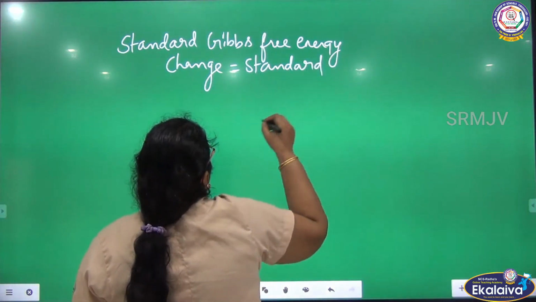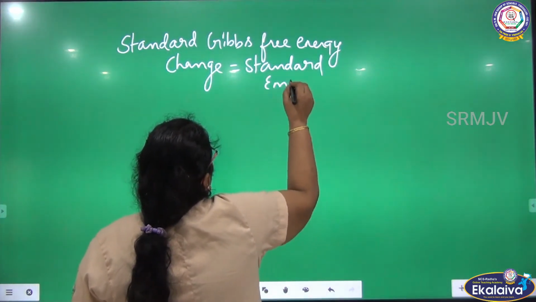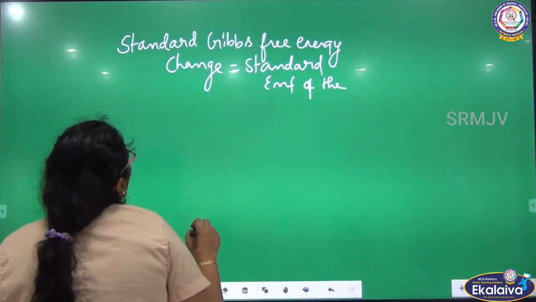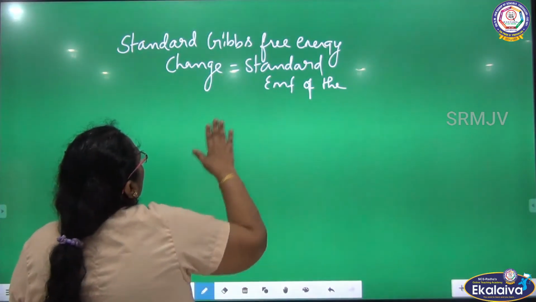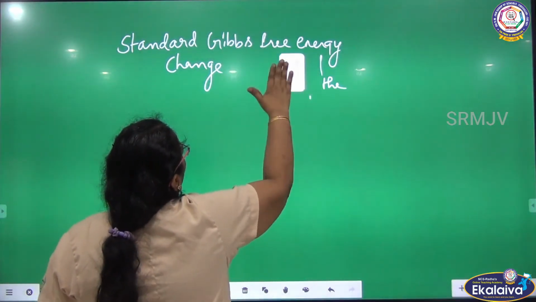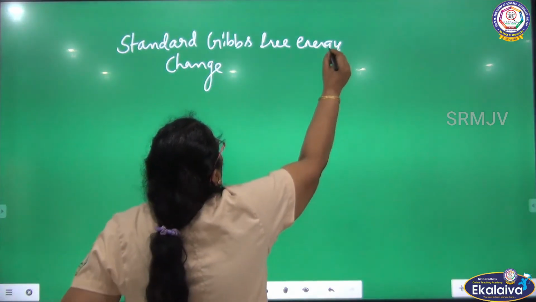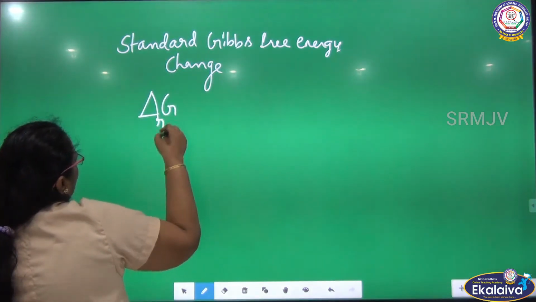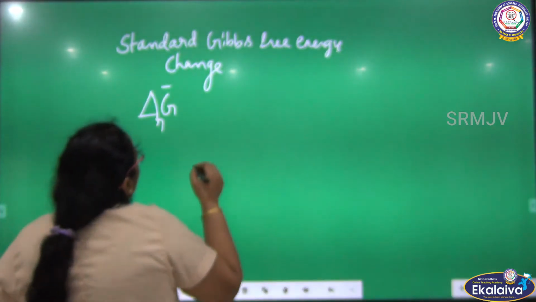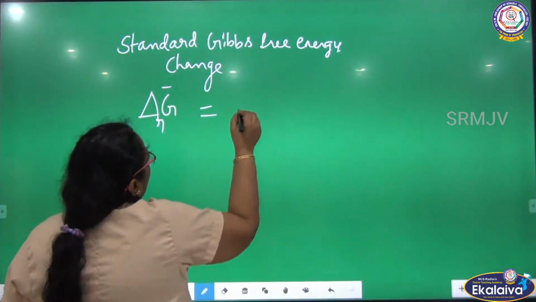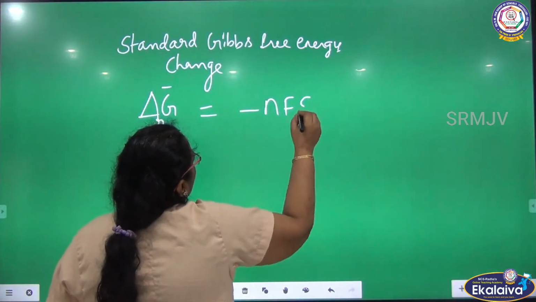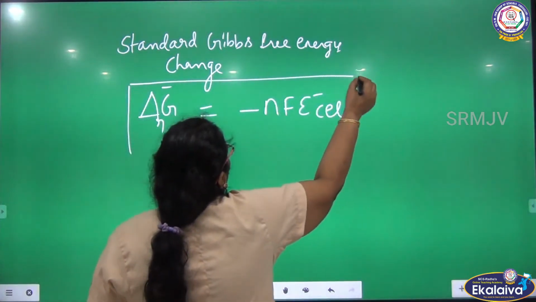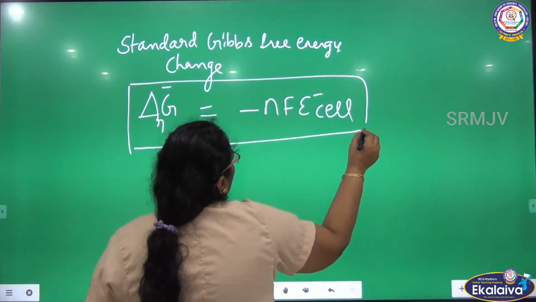So the standard Gibbs free energy change is equal to minus nF into E dash cell.